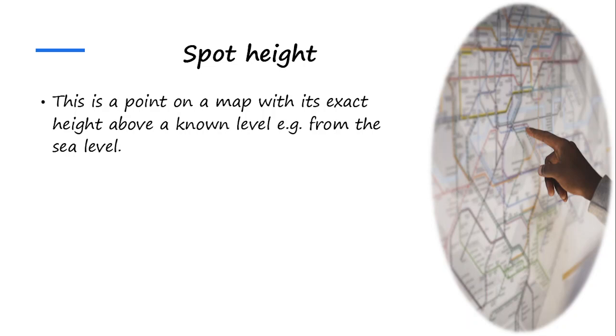A spot height is a point on a map with its exact height above a known level, for example, from sea level. A spot height is used to represent these relief features.